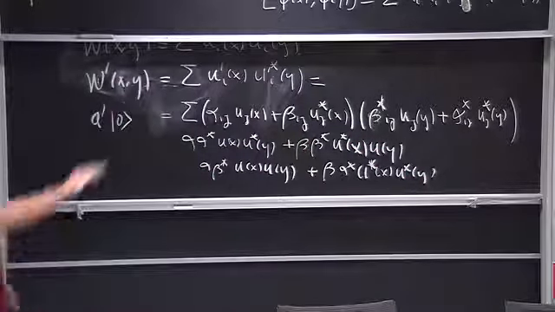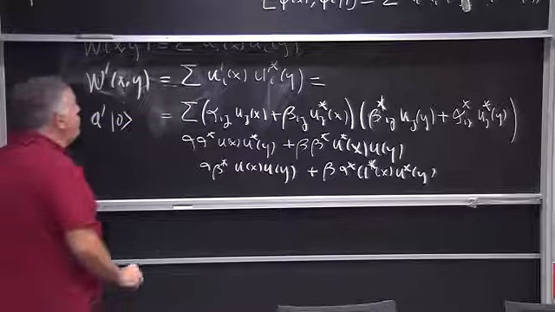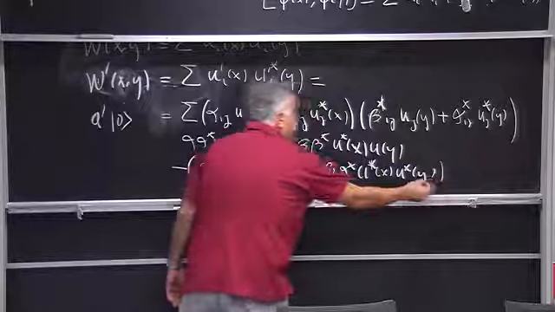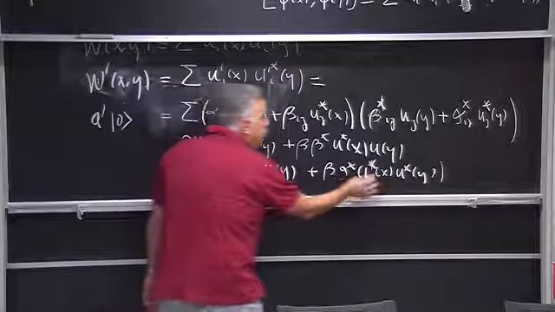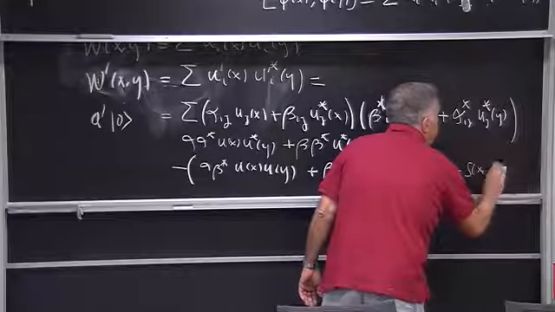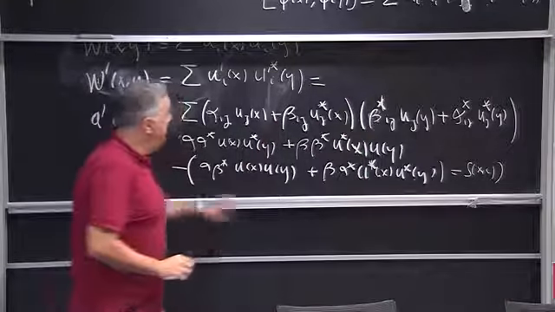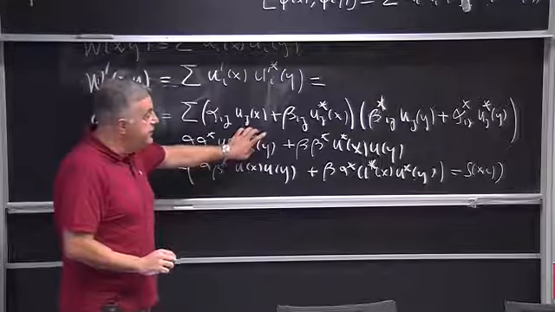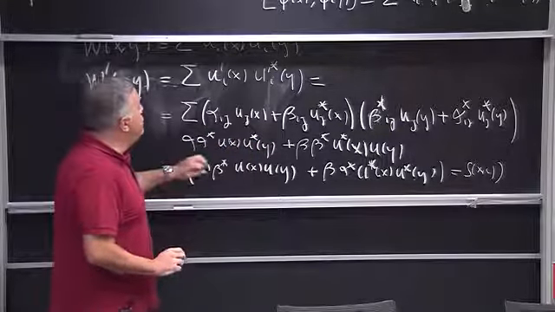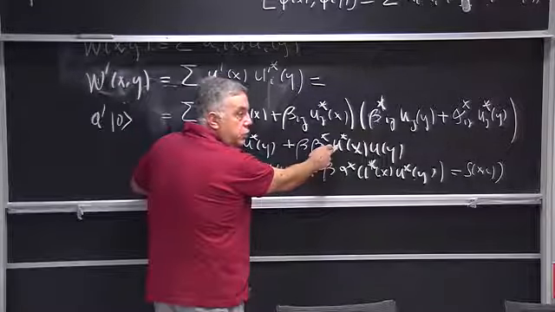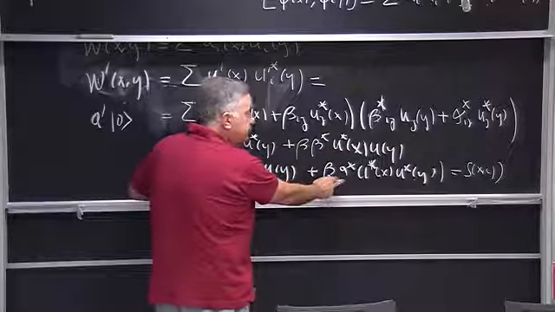Now you can act with those rules, and you can show that this part here, the part containing u and u star, is symmetric. Okay, this part is symmetric in the exchange of x and y. This part is not. If you compute the commutator, only these two terms are going to contribute to the commutator, and these two are not.